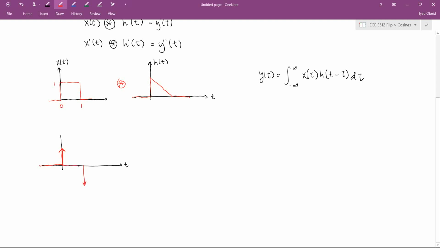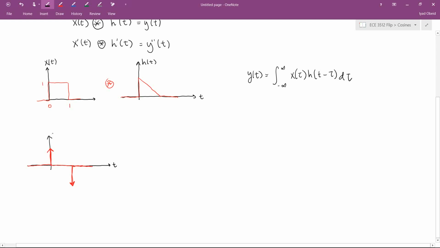At those points you have a discontinuity, and the discontinuity is an impulse. So this will be x prime of t, and those are both impulses. This is an impulse with area 1, and this is an impulse with area -1, located at times 0 and 1 respectively. So that's the derivative.